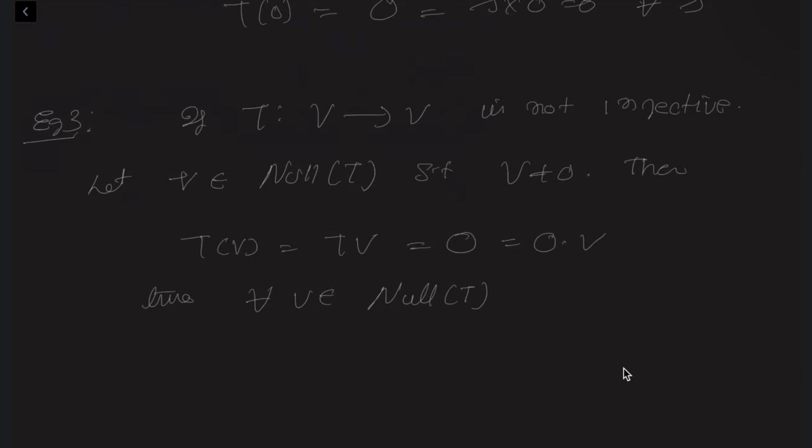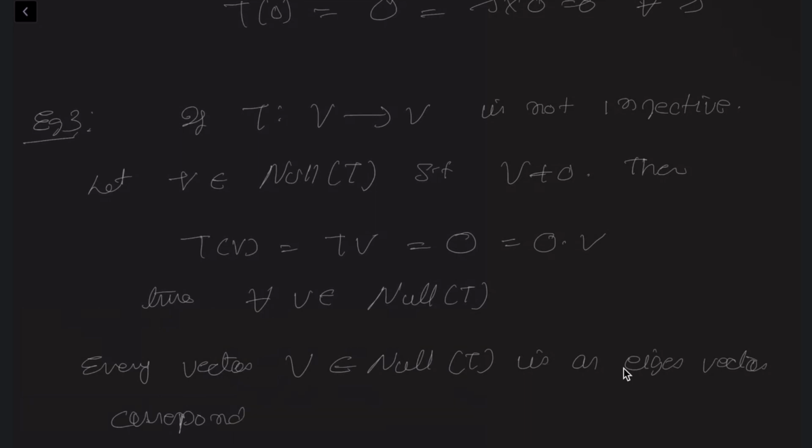That every vector v that belongs to the null space of T is an eigenvector corresponding to lambda equals 0, because T of v equals lambda times, or 0 times, v.